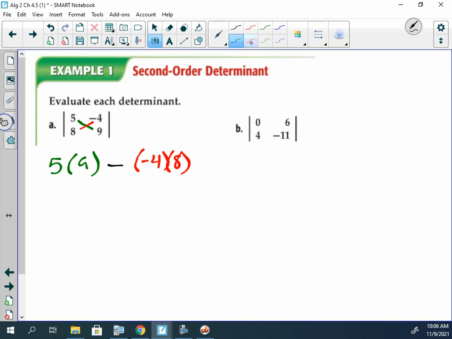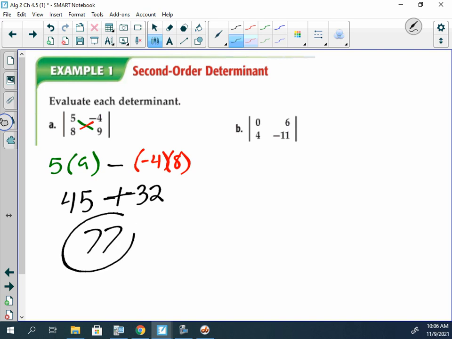Well, what is 5 times 9? Minus negative 4 times 8 is? Well, the negative would make a plus. So 45 plus 32 is? So the determinant of this is?